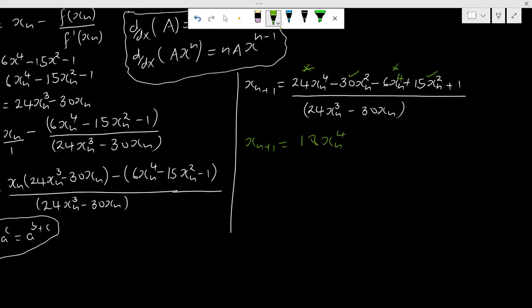Then you have negative 30 plus 15, you shall get negative 15x_n^2, then plus 1, all over 24x_n^3 minus 30x_n. This is the required proof, but also again, we have the extension of Roman 2.